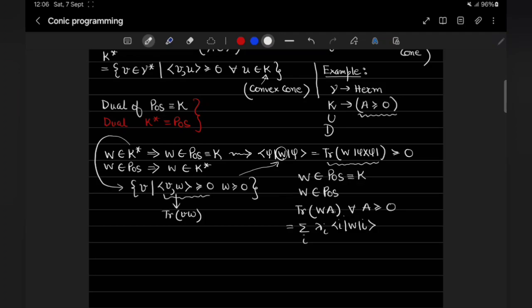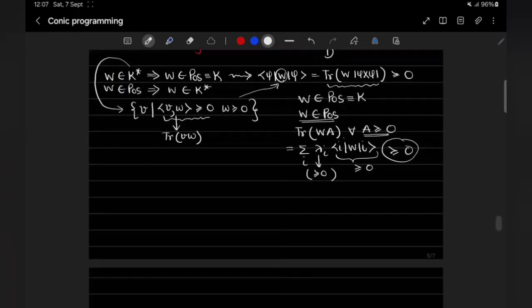Here I have used the spectral decomposition of A, where A is a positive semi-definite operator, which means these lambdas are greater than or equal to 0 by definition. This factor is also greater than or equal to 0, because I am starting with the assumption that W is a positive semi-definite operator. So this means trace WA is greater than or equal to 0.